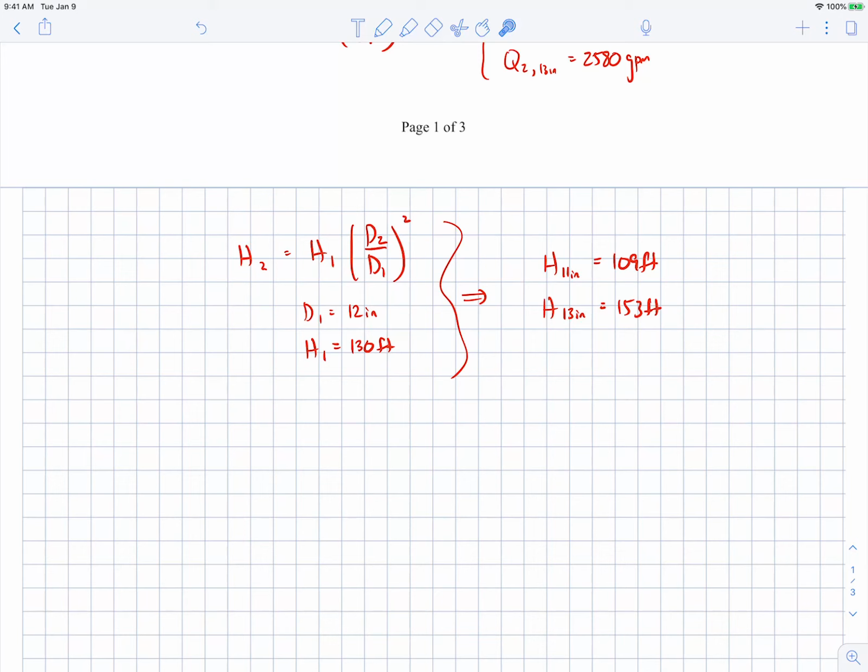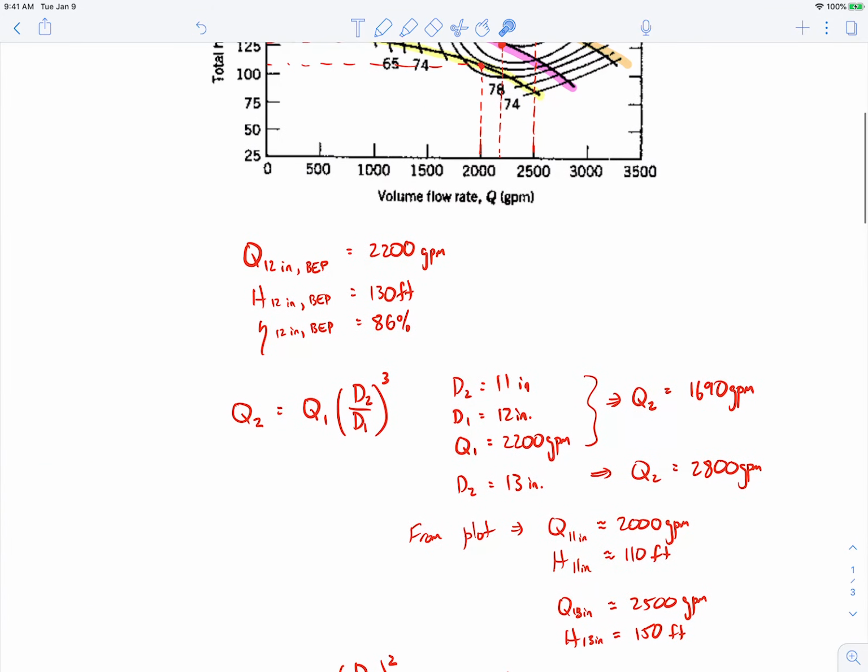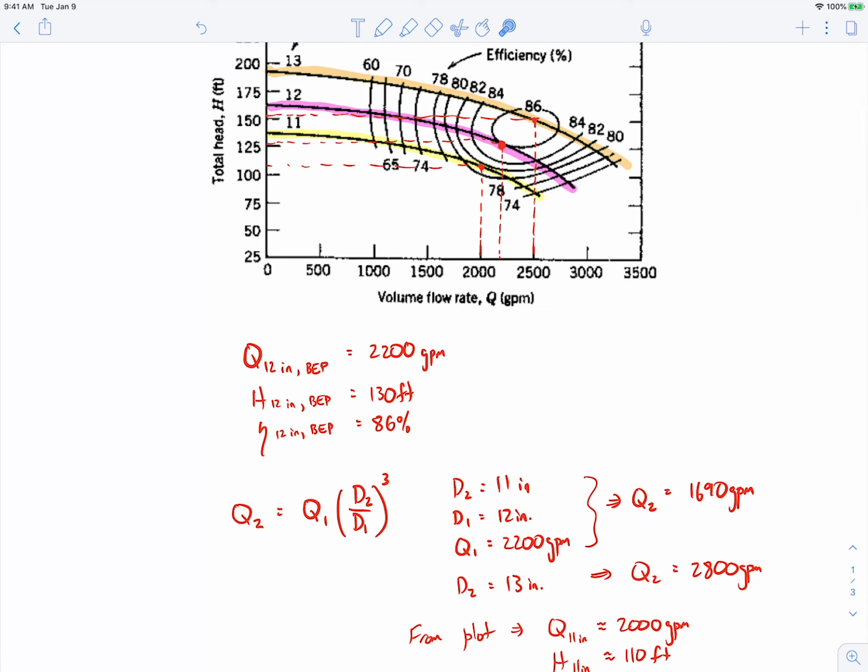Now, the last thing that we'll do is just make predictions for the efficiencies. Okay, so we had said that the best efficiency point for the 11-inch impeller is right here, and that appears to be about on the order like 81 or 82%.